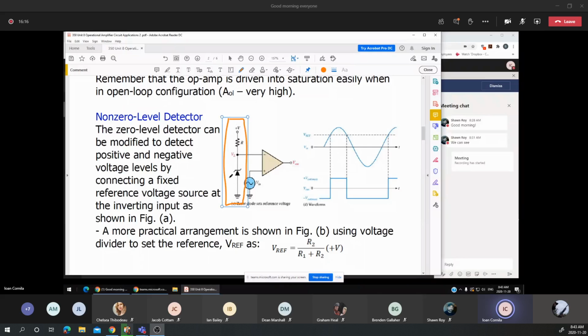The Zener diode is in reverse bias, means that connecting the reference voltage, which is the VZ, to the inverting input, I will change the reference voltage from 0 volts to the VREF. Again, the VREF or the reference voltage is the same in this example as the VZ.